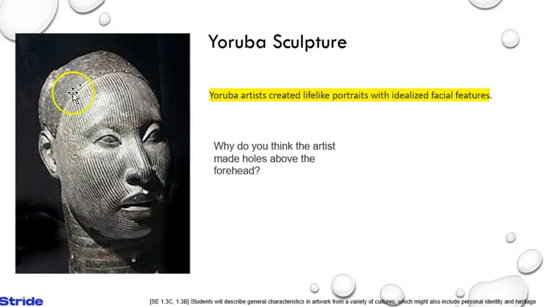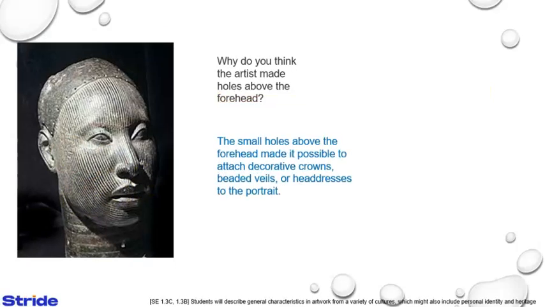So why do you think the artist made holes, if you can see them right here, above the forehead? What do you think? The small holes above the forehead made it possible to attach decorative crowns, beaded veils, or headdresses to the portrait.